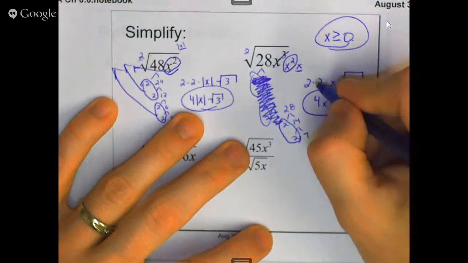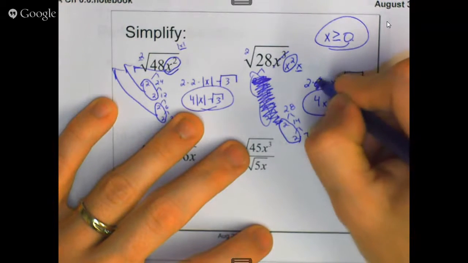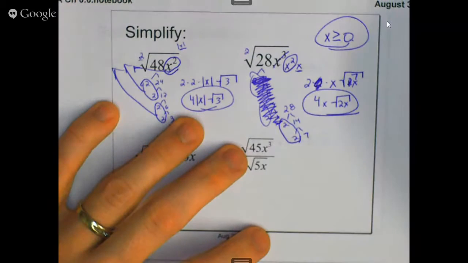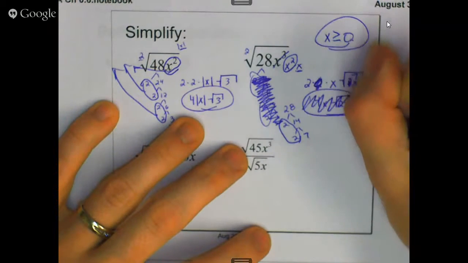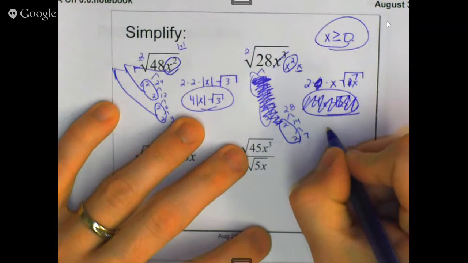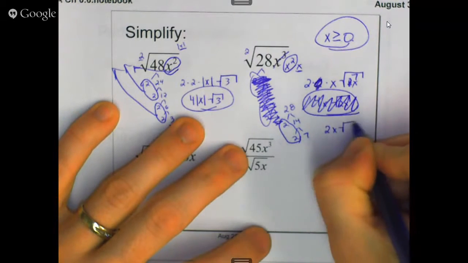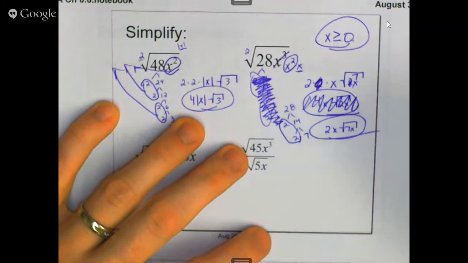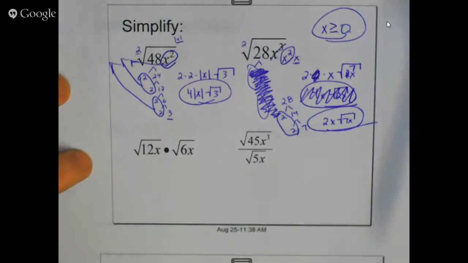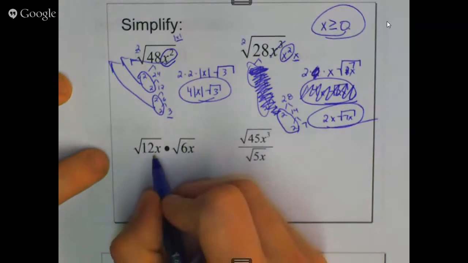So we'll say I'm bringing out a 2 and a 7 is left underneath. Okay. So we have 2x radical 7x. There we go.